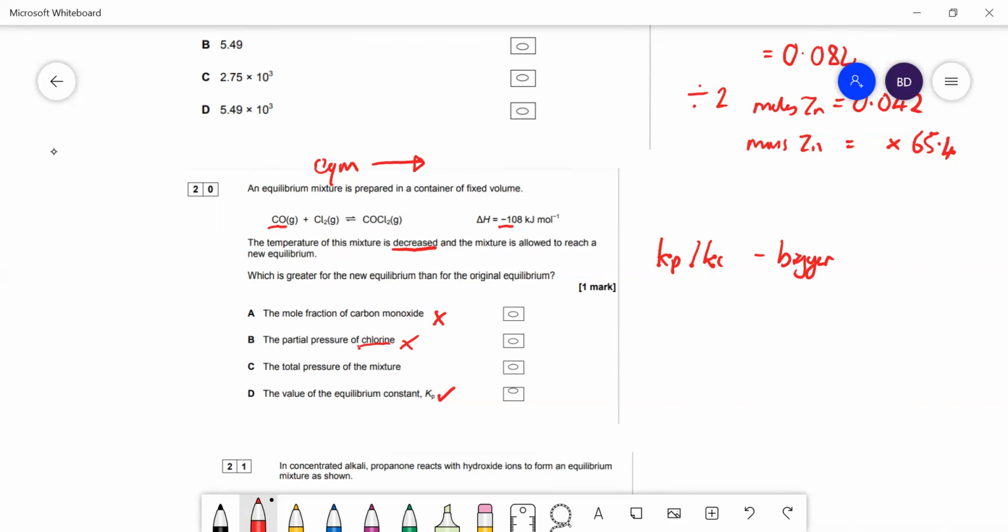One, the equilibrium moves to the right, and you've got fewer gas moles on the right. And also, whenever you drop the temperature, that's also going to make the pressure drop if you don't do anything with the volume. So D is the right answer.